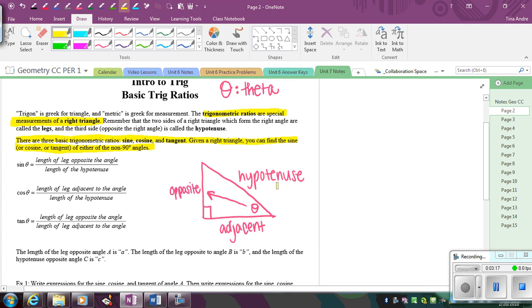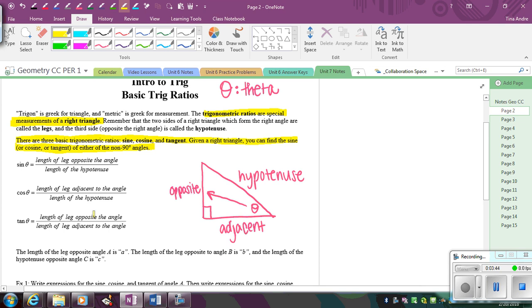If you look at what these ratios are, you've probably seen the sine, cosine, and tan buttons on calculators before, but what they actually mean is they're ratios. So instead of saying this whole thing, the length of the leg opposite the angle to the length of the hypotenuse, I could just say sine theta. That means the same thing as saying the opposite side to the hypotenuse. What's the ratio between those two sides?